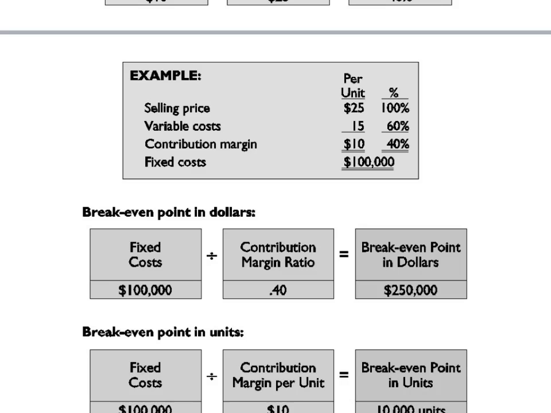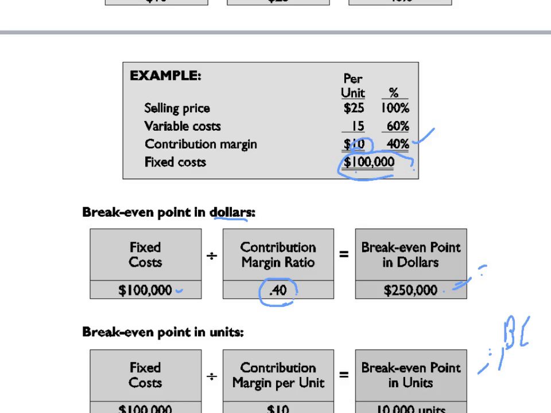With fixed costs of 100,000, the break-even point in dollars is the fixed cost of 100,000 divided by 0.4, the contribution margin ratio, and I get 250,000 as the break-even in dollars. The break-even in units would be the 100,000 divided by $10, or 1,000 units.